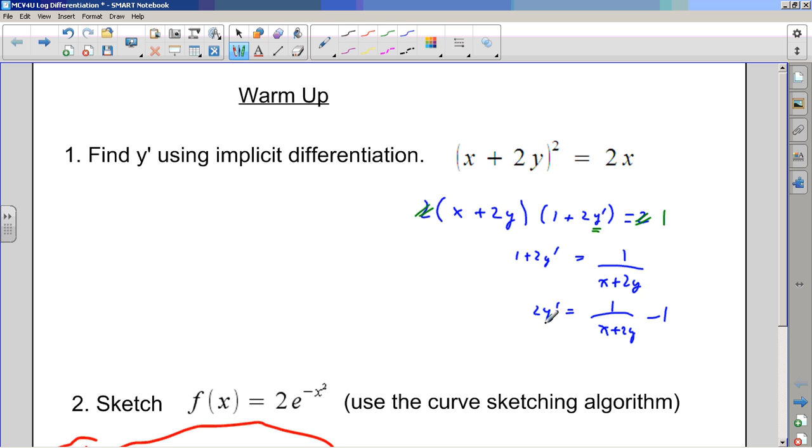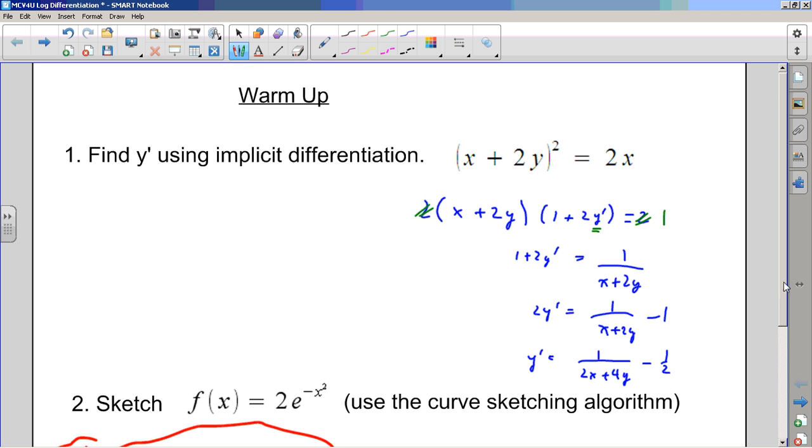And then I'm going to multiply through by a half here to get rid of this 2, or divide by 2, however you think of it. And I could get a common denominator and tidy that up if I wanted to. Dandy. That's it. That's the derivative.